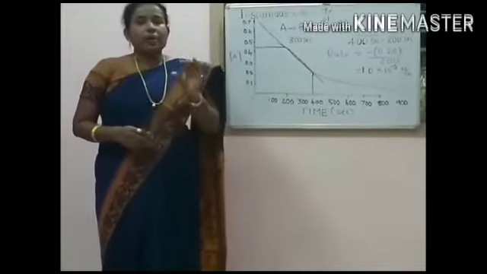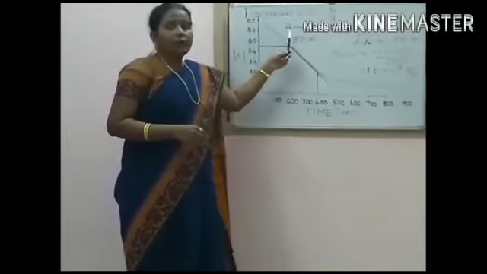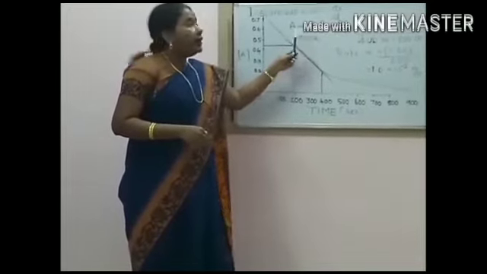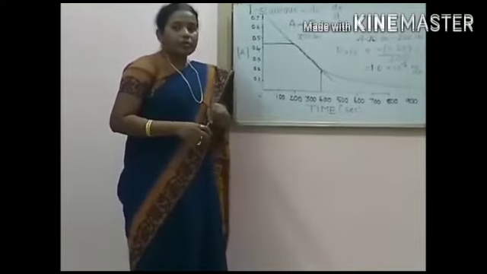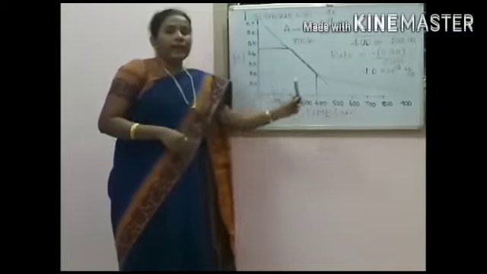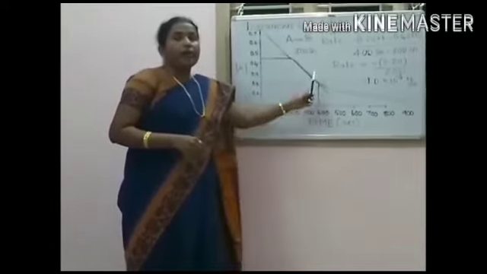d means small interval. Consider a reaction. A is giving the product and this reaction proceeds from 0 seconds to 900 seconds. The rate of the reaction is continuously falling down.